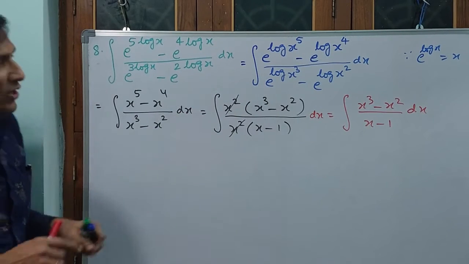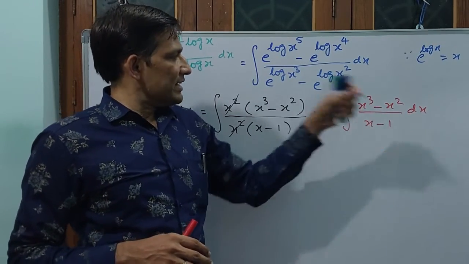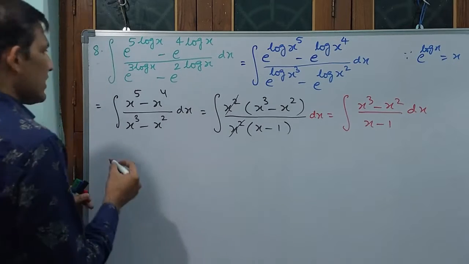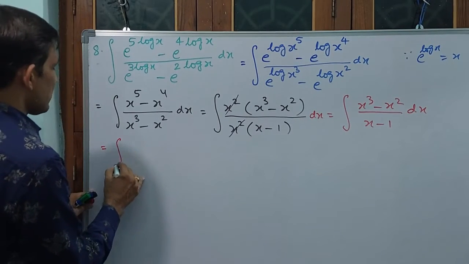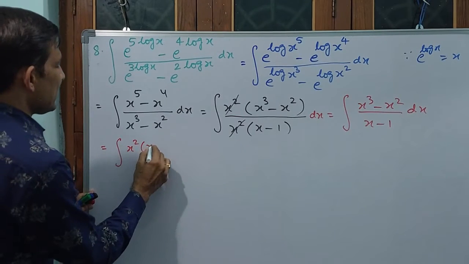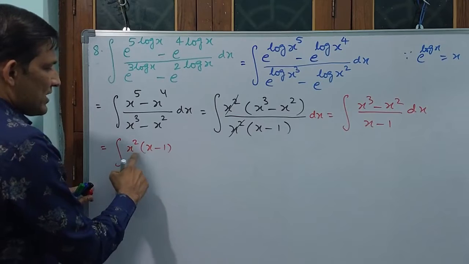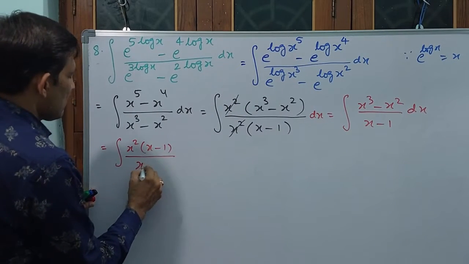Or else I can take x also, but let me take x square first. Let me take x square as common, x square times x minus 1.